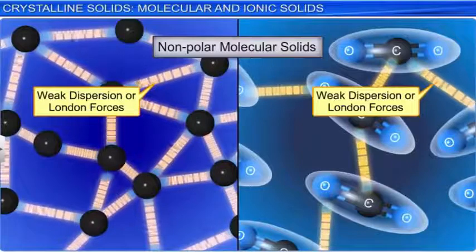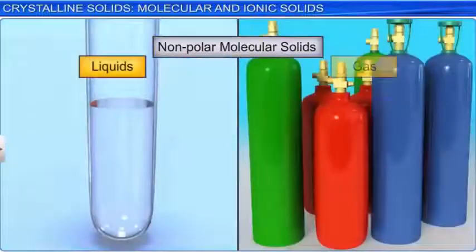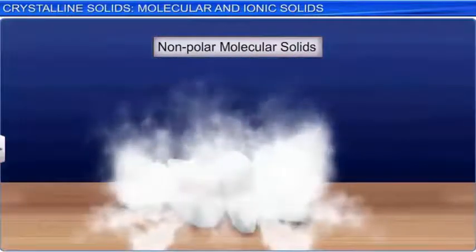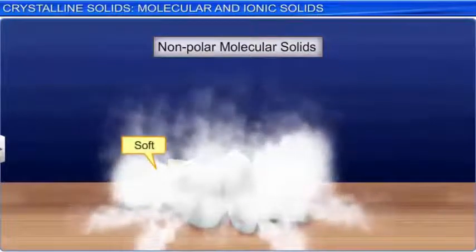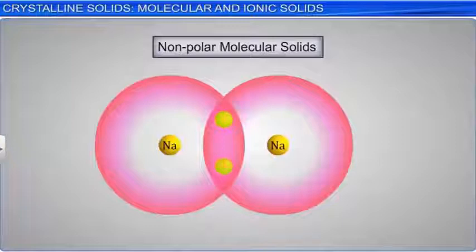Hence, most of them are liquids or gases at room temperature and normal atmospheric pressure. For the same reason, they are soft. As the electrons remain localized to particular atoms or bonds, these are non-conductors of electricity.